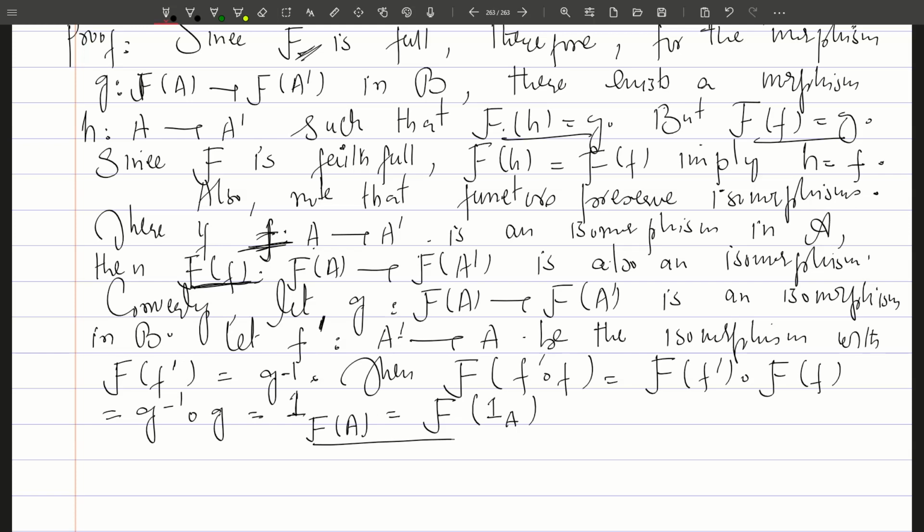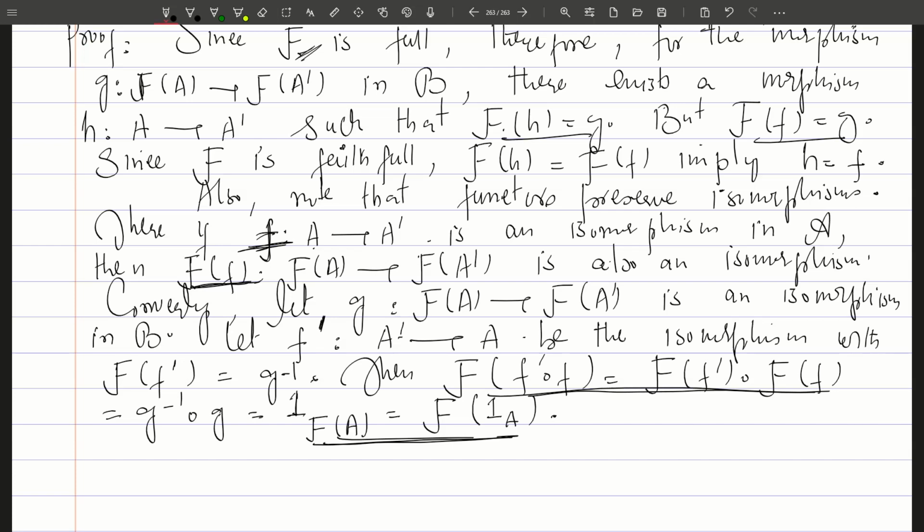This follows from the definition of functor because functors preserve identities and composition. So we are good so far.